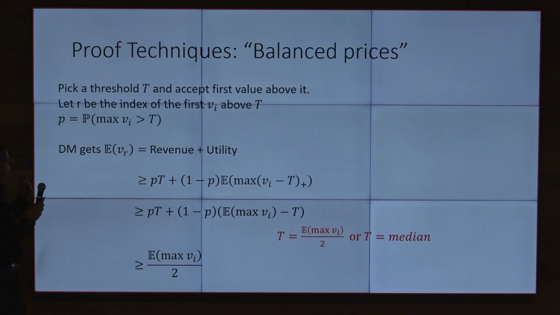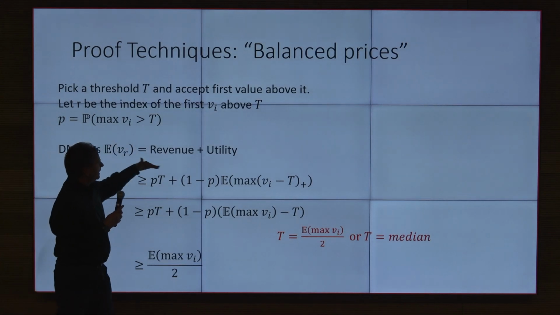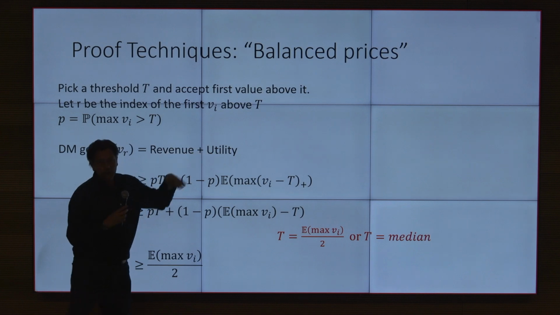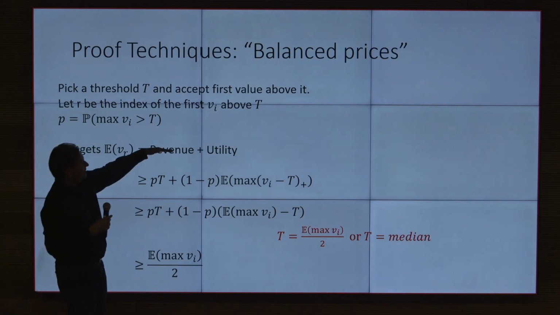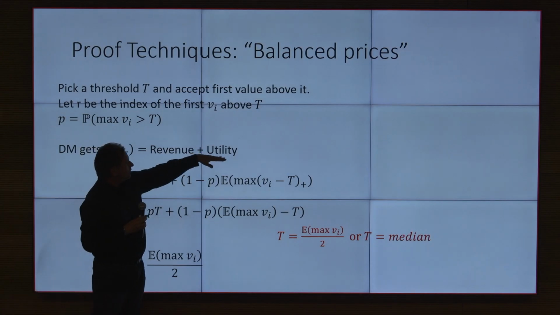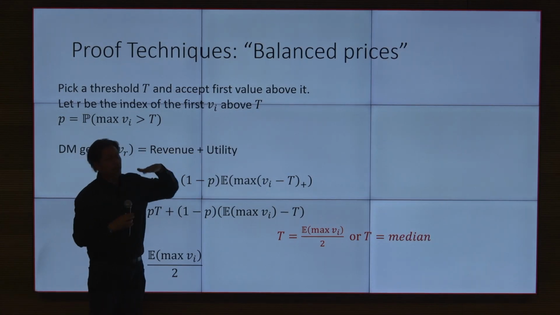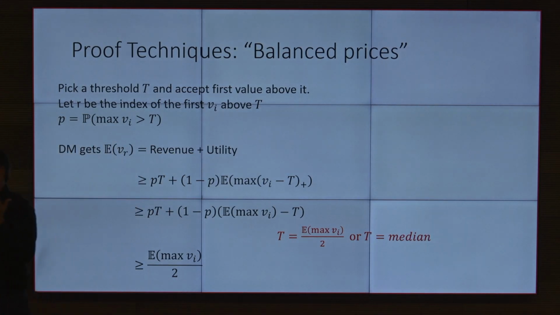Because you're basically balancing revenue and utility here. You are giving a price, T, that is high enough so that the revenue is significant, but also low enough, because if I put it too high, I risk not selling the item.